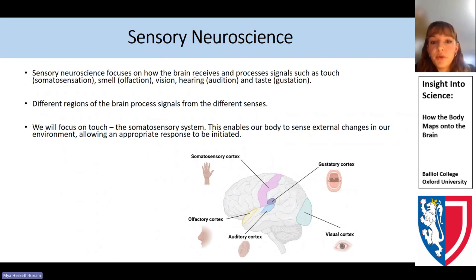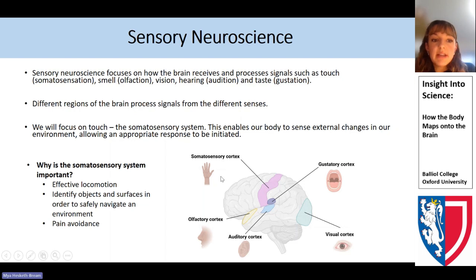This talk will focus just on the somatosensory cortex, and this enables our body to sense external changes in the environment and allow us to respond in an appropriate way. So why is this important? We need to be able to effectively move around, so effective locomotion.